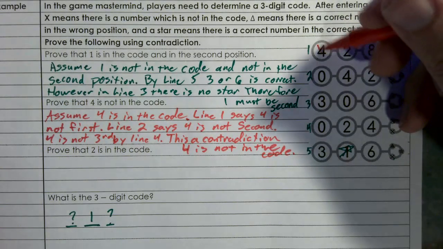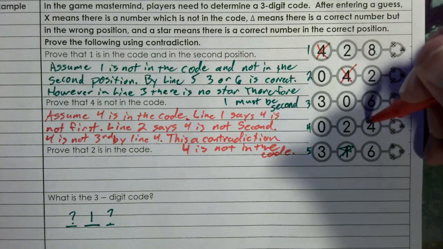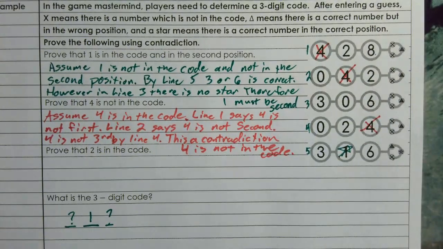All right. So based on all that, we can make all of these X's. We know that none of those are in the code.